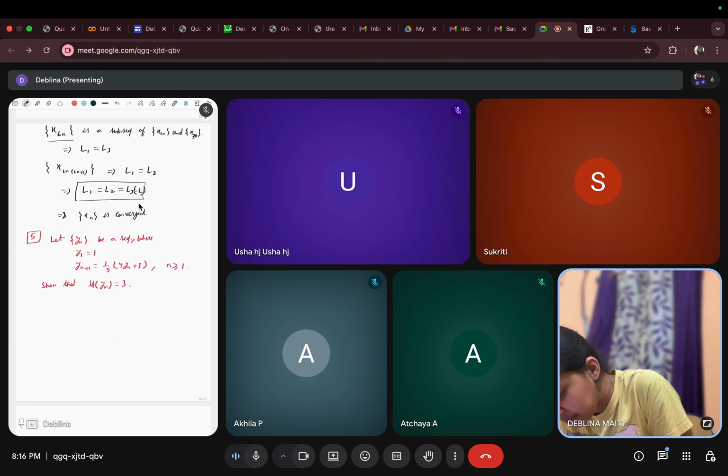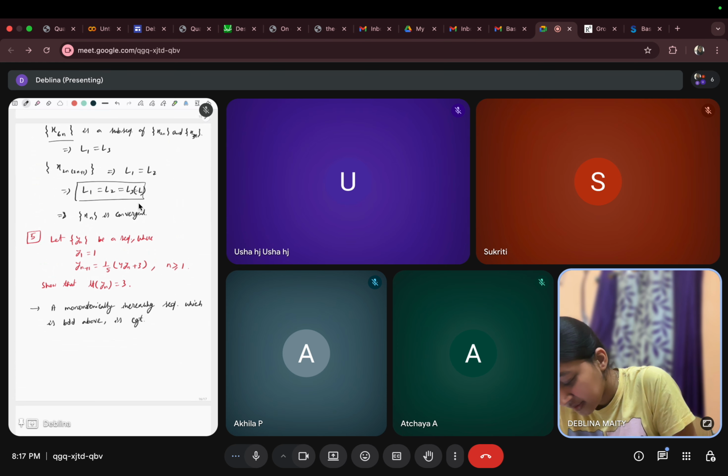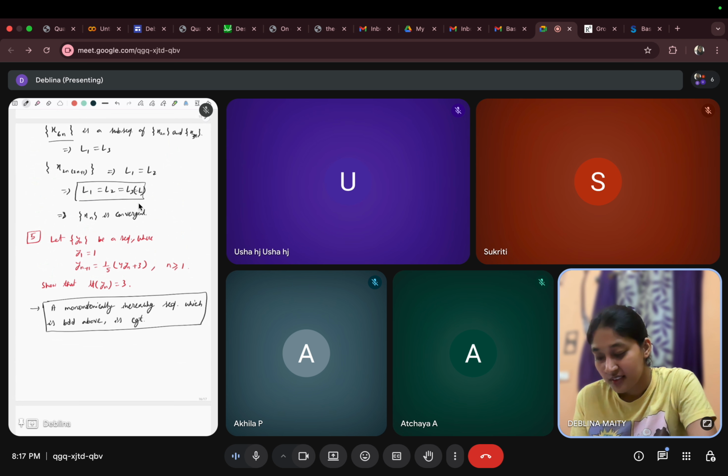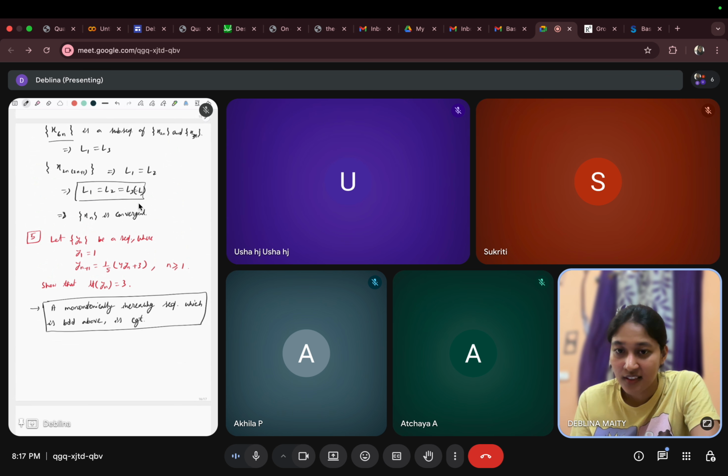We'll use the theorem that a monotonically increasing sequence which is bounded above is convergent. So to use this, we first have to prove that yn is a monotonically increasing sequence.